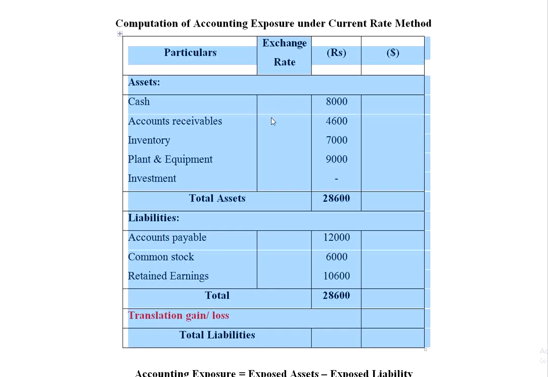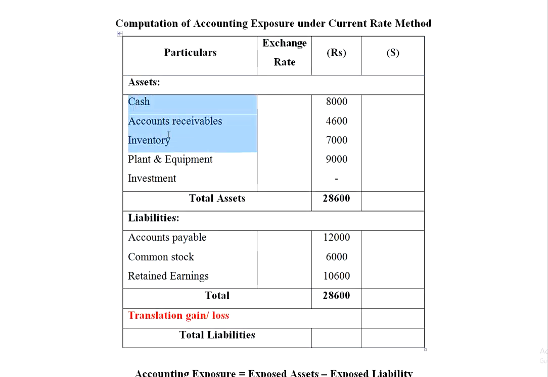Now I have written these assets and liabilities as it is given in the question, and the values also I have already written, because let us not drag the time. It is given in rupees, and now we have to convert it into dollars. So this is the main thing which we have to do, right? To do this we should know which exchange rates we are going to use for preparing current rate.